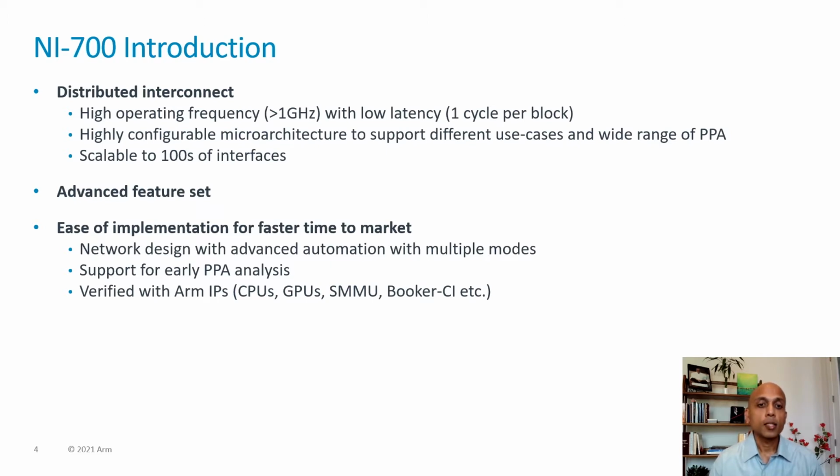It also has support for early PPA analysis. And finally, the product is delivered verified with other ARM IPs that includes CPUs, GPUs, memory management units, etc. Right? So now let's dive into each of these different aspects.